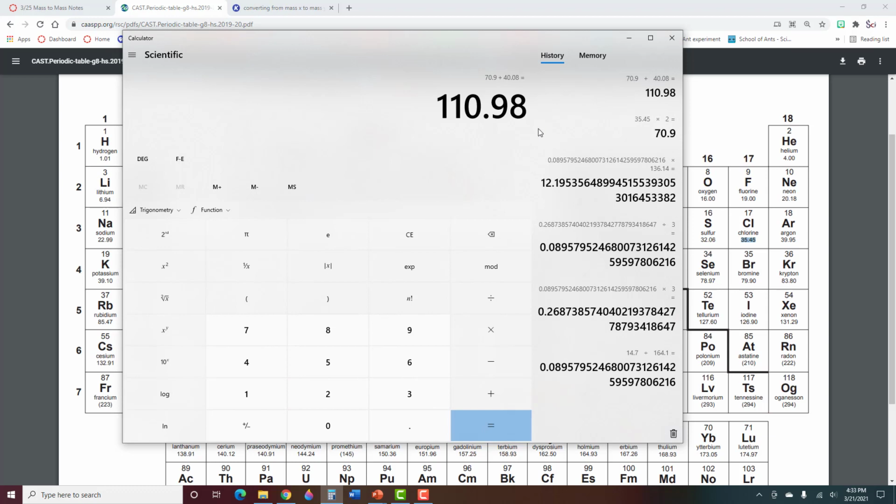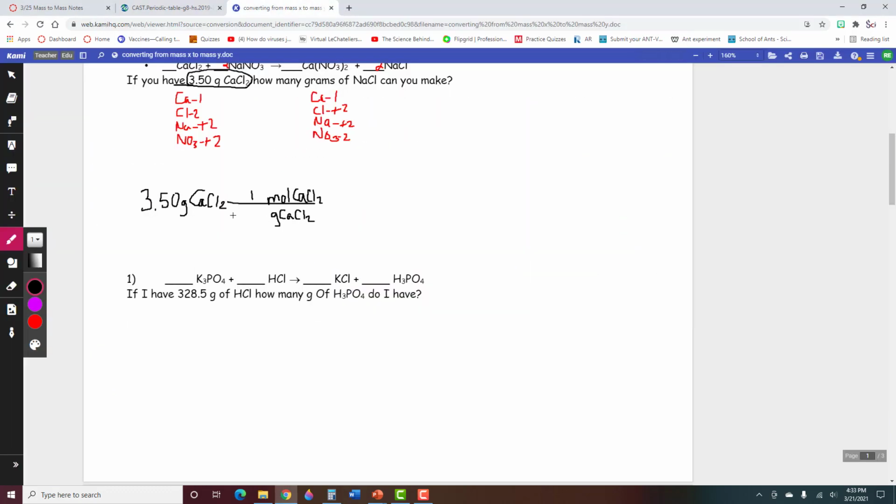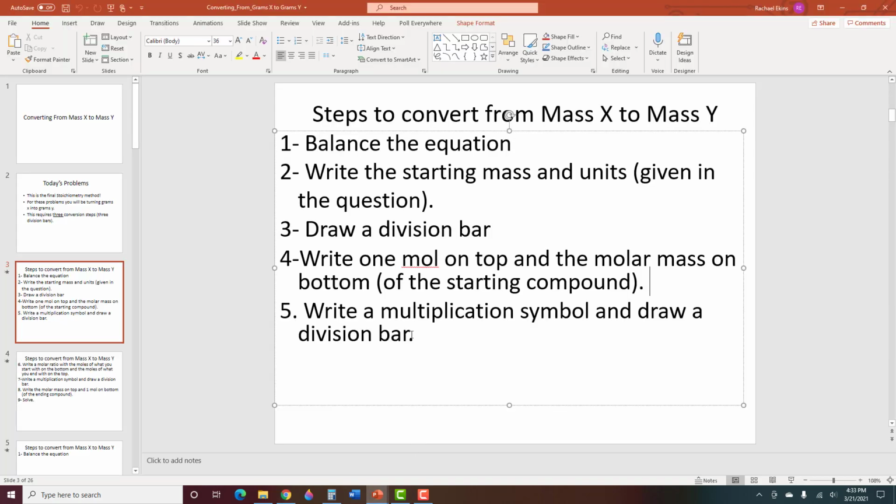So that is 110.98. I'm kind of getting ahead of myself though, because I think I jumped ahead of the notes. So let's go back for a second here. Oh no, it does say 1 mole on top and the molar mass on the bottom, so I did that.